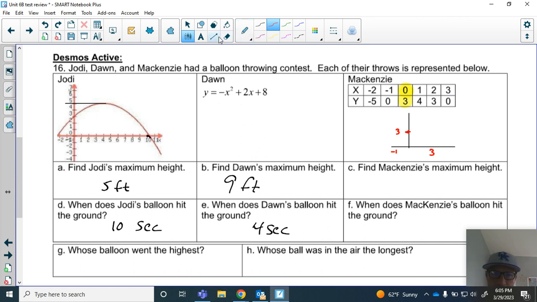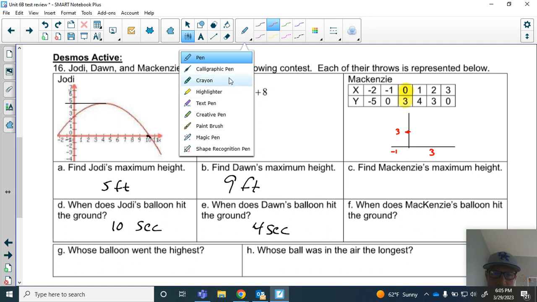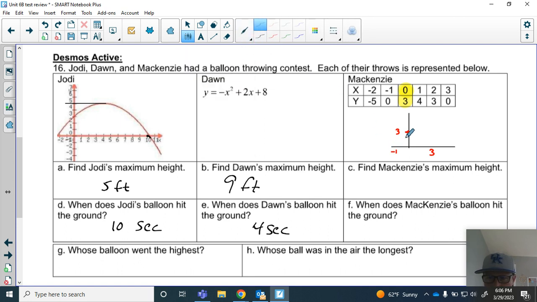So if we sketch it, it's going to look like this. This comes down to -1, and it will go up in the air a little bit, and then it'll come down over here.